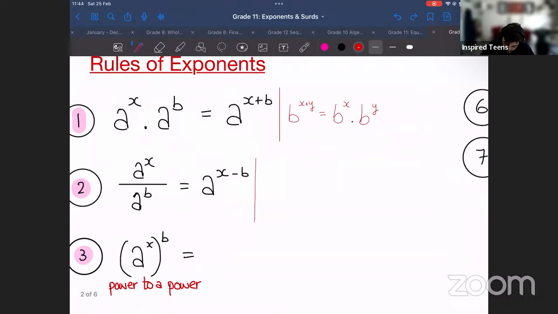Same thing with this guy, b to the x minus y can be written one of two ways. The first way is actually better. It's more common to do it at this grade, at grade 11. So remember, we could have added these as well, technically. We can have b to the power of x times b to the power of negative y.